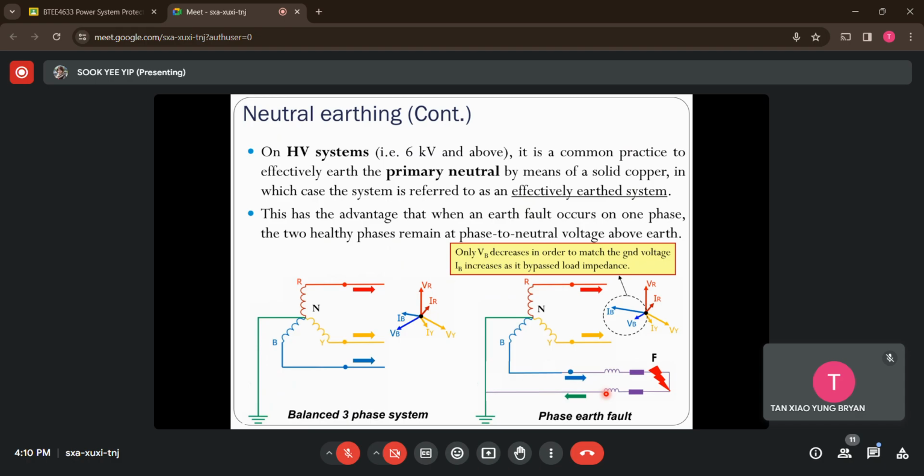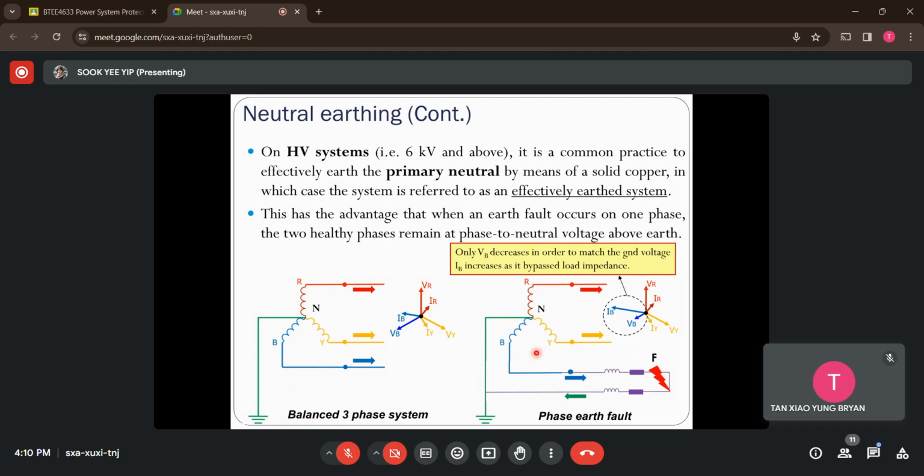So what happens if I don't perform the neutral earthing here? One situation is if I have a short circuit to ground, the healthy phase voltage will increase up to line voltage. That's the first thing. It might cause insulation breakdown. Another situation is we might be unable to detect the short circuit to ground.